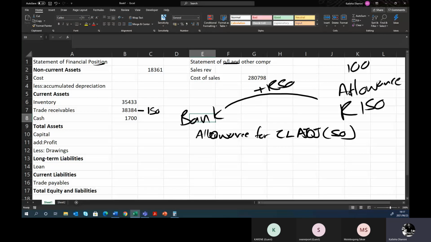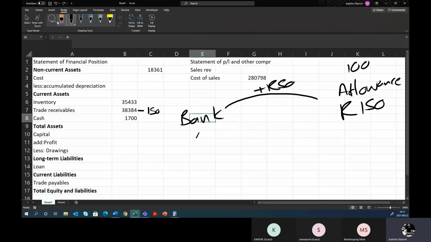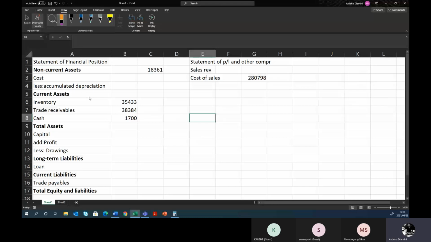Okay, so I'm going to remove all of this now. I'm just going to erase it actually. Okay, fine. Let me go back to that page. So my receivables, I'm going to remove that allowance as well.